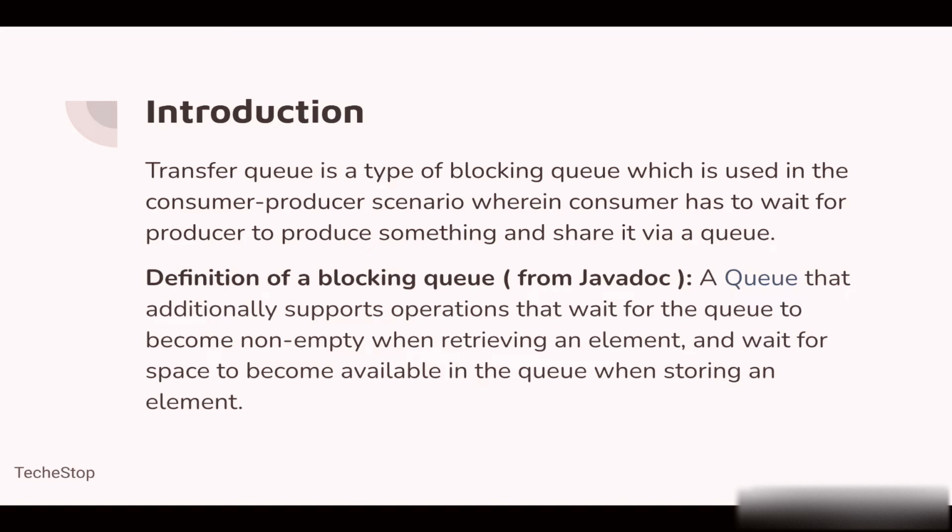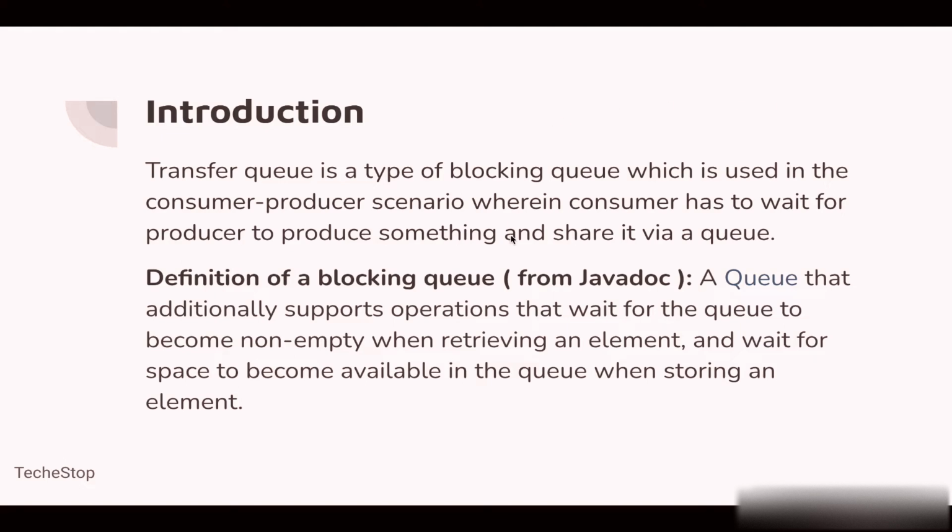It's like a blocking queue wherein a producer will be producing the messages, and in some scenarios it will get blocked till a consumer is available to consume that particular message.